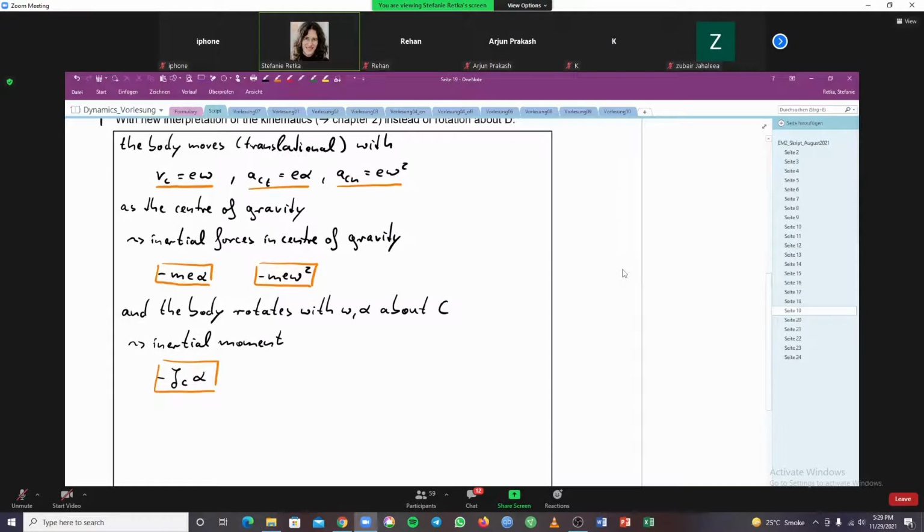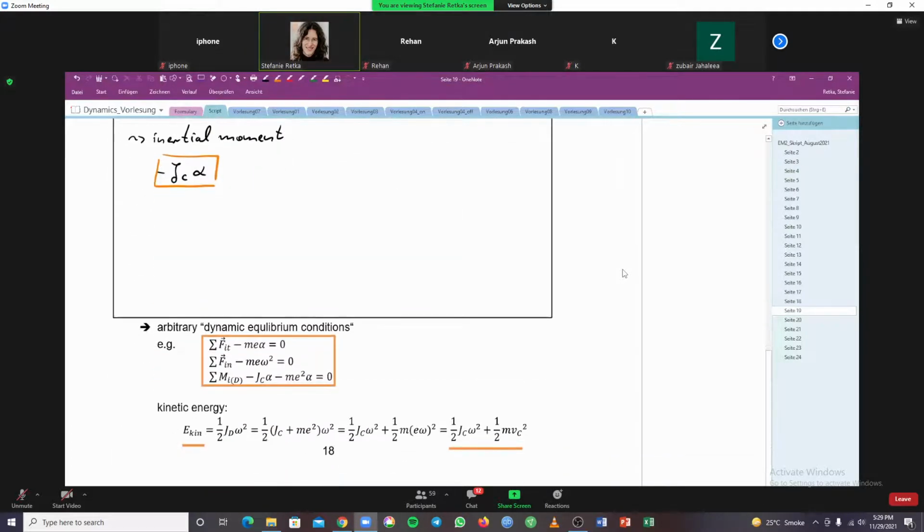Now, in case of a rotational motion about an eccentrical axis, we have to consider the arbitrary dynamic equilibrium condition. We can state the arbitrary dynamic equilibrium conditions: the sum of all forces in tangential and normal direction, including the inertial forces, and the sum of all moments with respect to our current axis of rotation.